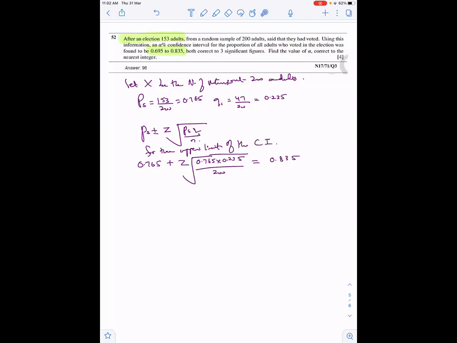Okay, let's solve this first. I'm going to shift this here with a negative sign, and then I'm going to divide this whole thing by this.